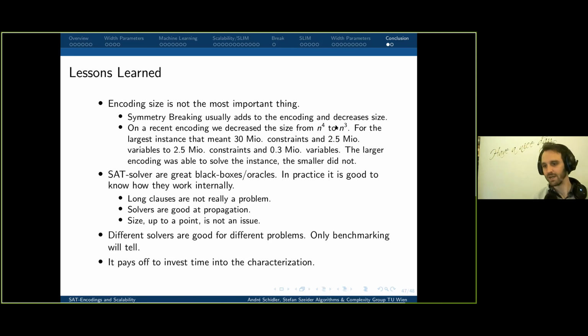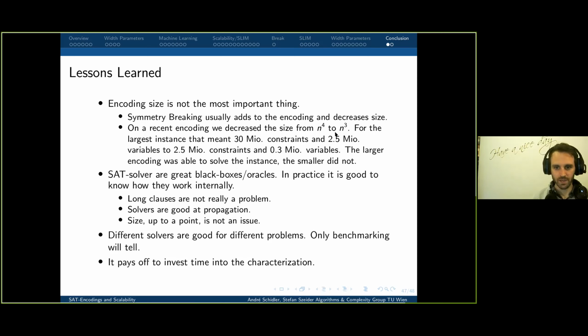And we were super happy that we were able to greatly decrease the size of the encoding. For the largest instance we were able to solve, this means that we decreased the number of clauses from 30 million to 2.5 million, and the number of variables from 2.5 million to 0.3 million. We were not that happy when we found out that the larger encoding actually solved the instance within 2 hours, and the smaller did not solve it within the day.